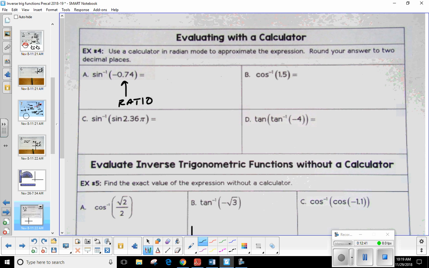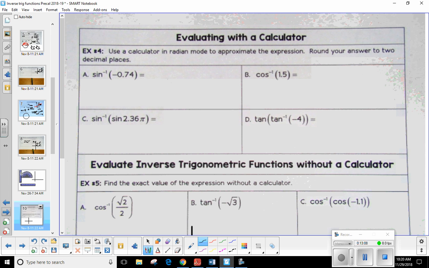The answer from an inverse trig function is always going to be an angle measure. Okay, so we always want to keep that in mind, especially when we're looking at the compositions.